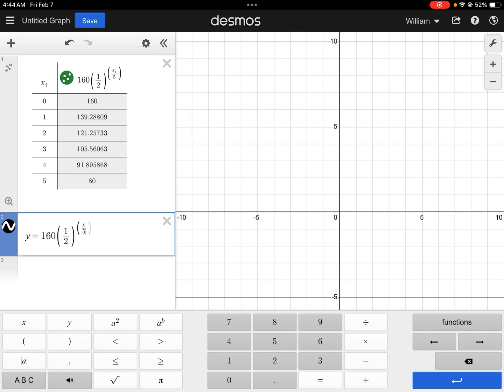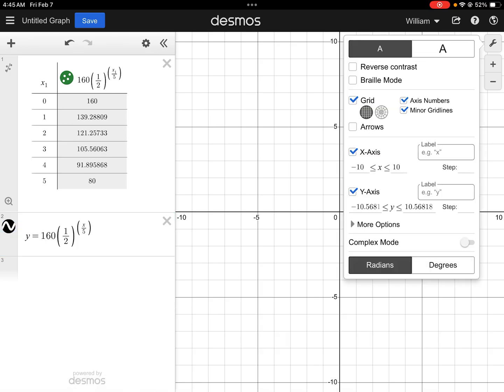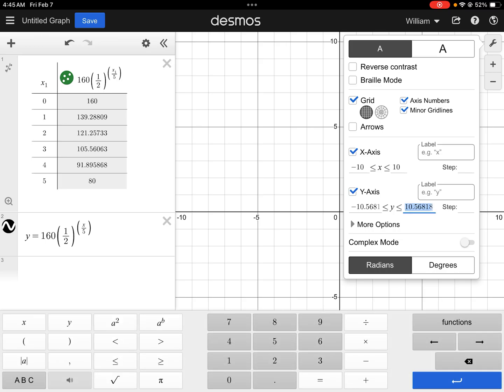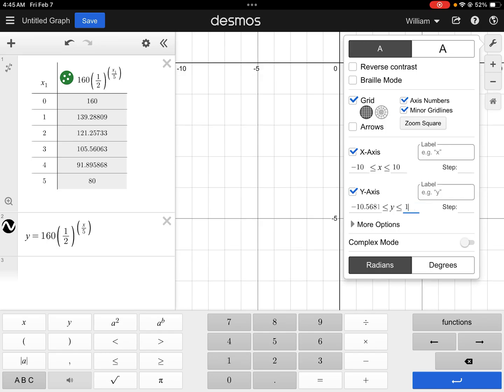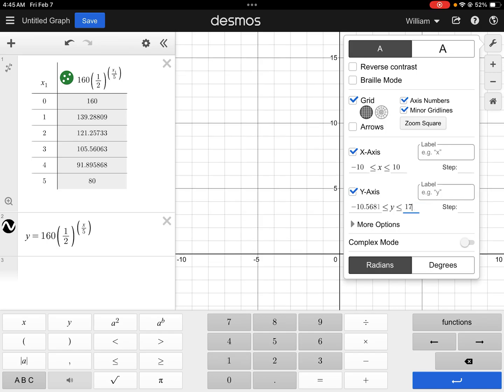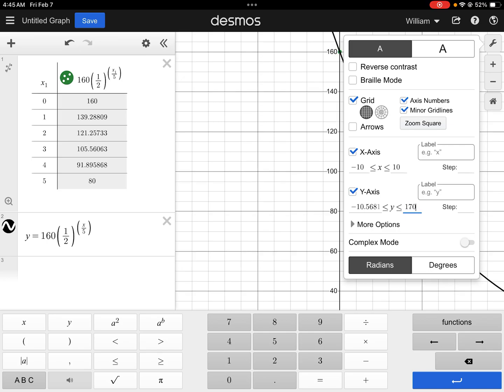Now notice we can't see this because it starts at 160. So let's go to our wrench and have my y-axis go up to 160. No, let's go 170 so we can see a little margin there.